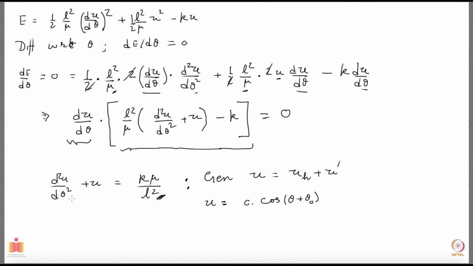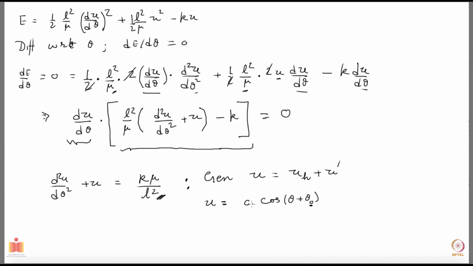See, if this was d2u over dt square plus omega square u, then the solution would have been some constant times cos of omega t, right? Now instead of t you have theta, so that's why you have omega theta, but omega is 1 because this coefficient is 1, right? So that's why you get this, and then of course you have an arbitrary phase part, the equivalent of that, and then you have the amplitude part here.